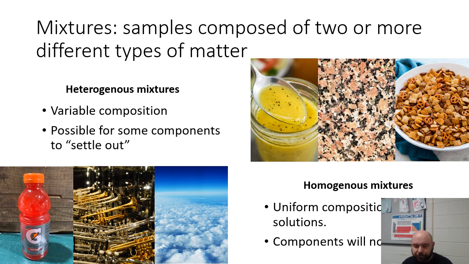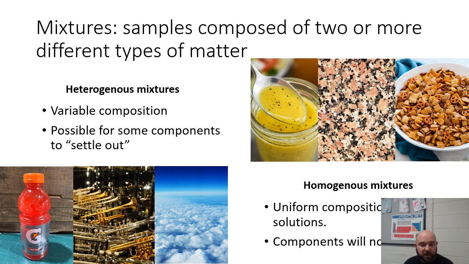And so the thing is, you can't tell those things apart. One swallow of that Gatorade is going to have the exact same amount of sugar as another swallow of that Gatorade. Also, they are uniform throughout. You can't see the sugar. You can see the red, but you can't tell a lot of red from another little bit of red. And so that solution is considered homogeneous.